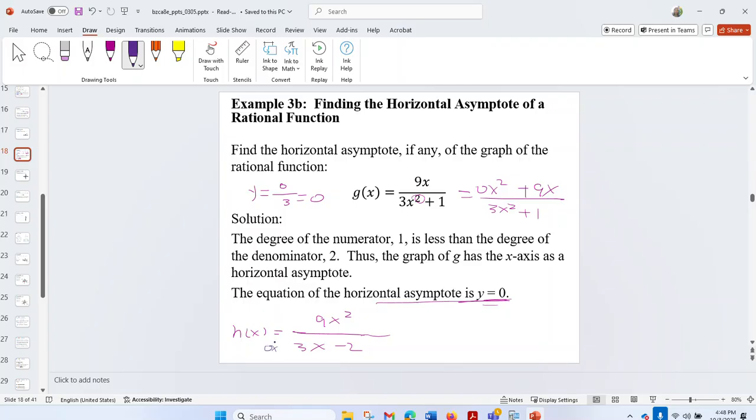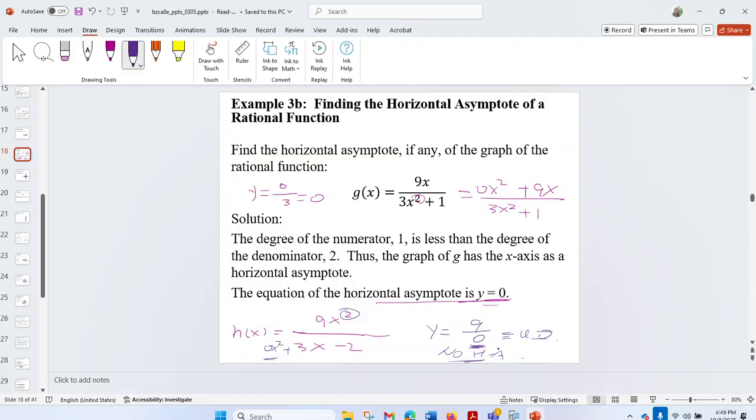I match the highest degree, so in my denominator I can just write down 0x squared. So my y here will be 9 over 0. So what does 9 over 0 mean? This is undefined. So that means this one does not have a horizontal asymptote. When you match to the same degree and you cannot find the answer, that means there's no horizontal asymptote.